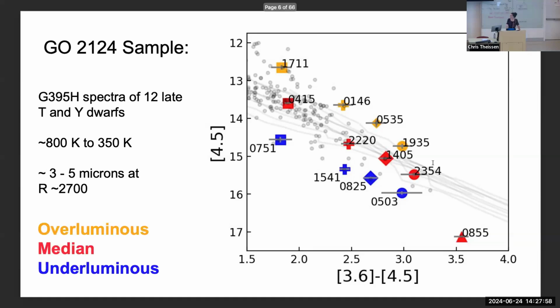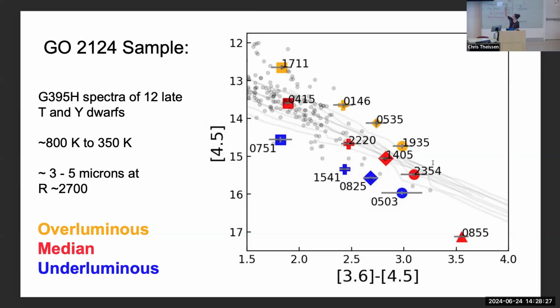Looking at that region, GO 2124, in order to capture this diversity, is looking at 4 objects that are median. Those are highlighted in red. They fall along the average behavior of all of these objects. Then 4 objects that are overluminous. Some of those were already known to be binaries, and other ones we weren't quite sure, but we would have thought maybe they're also binaries, and you'll see some thoughts on that later.